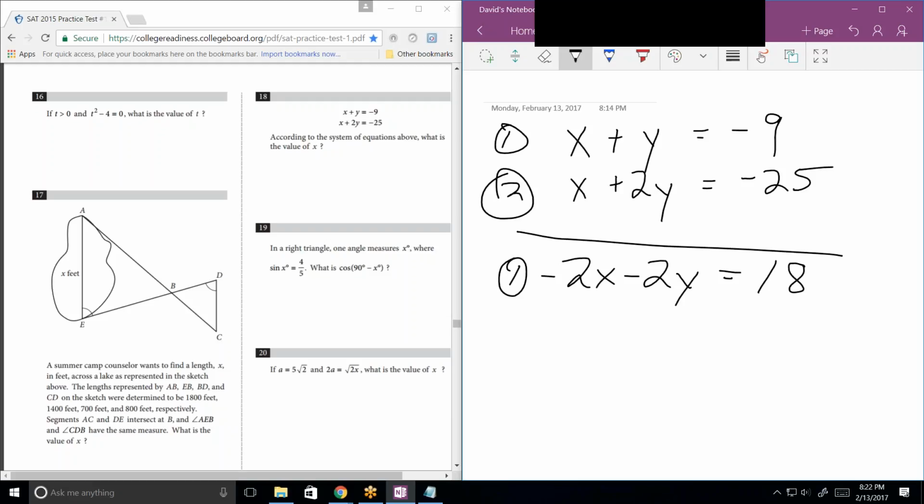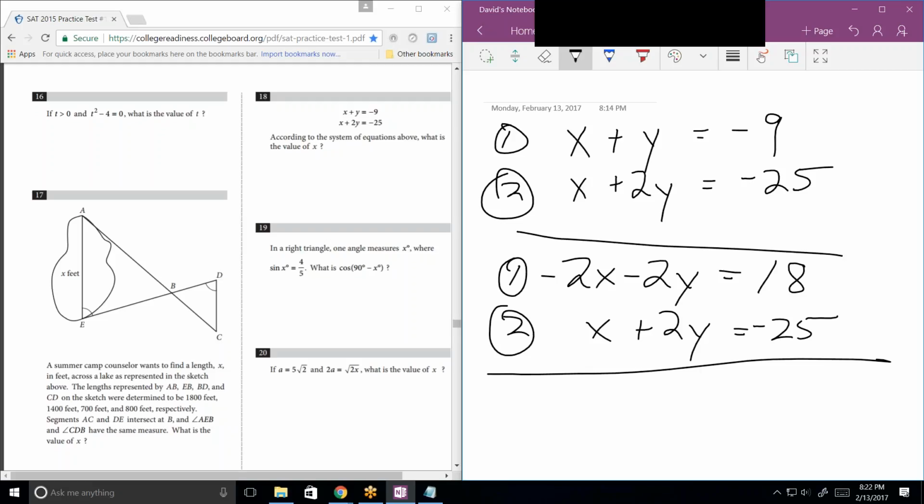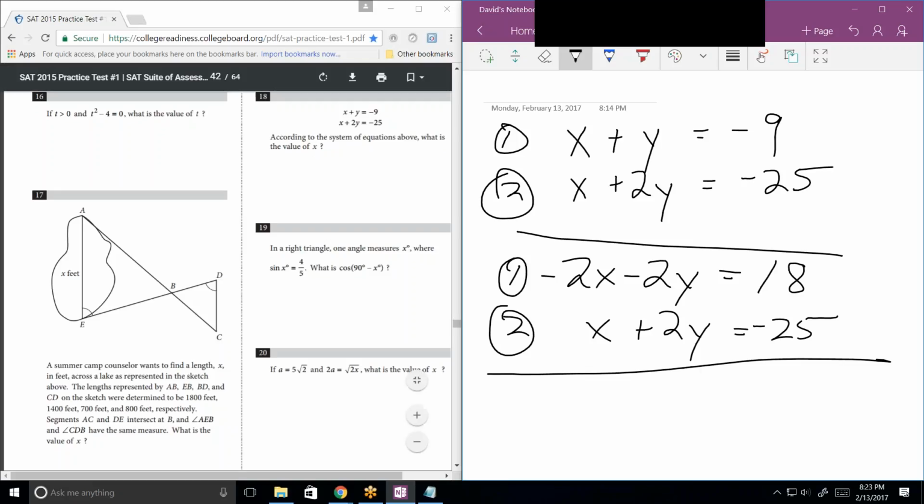And then equation 2 is going to be x plus 2y equals minus 25. I don't have any problem with this, because addition's always a little better than subtraction. Anytime you can do addition, do it, as opposed to subtraction.